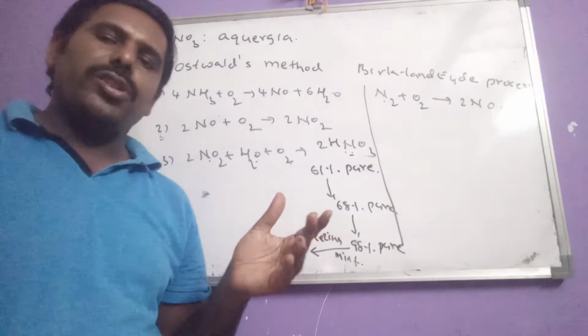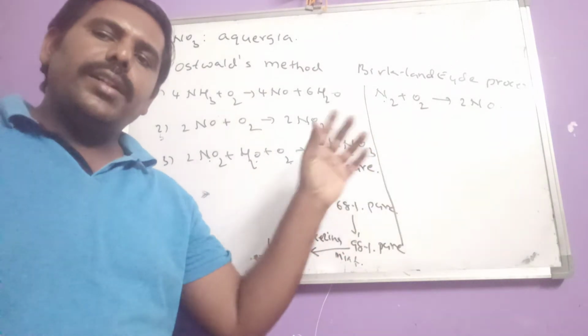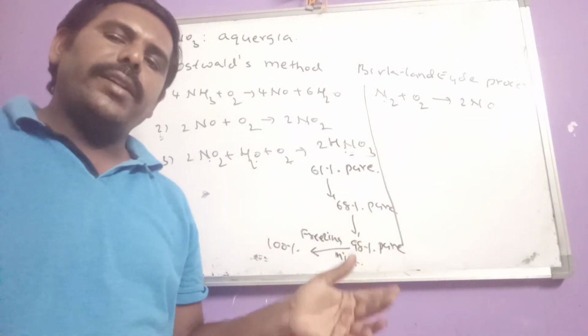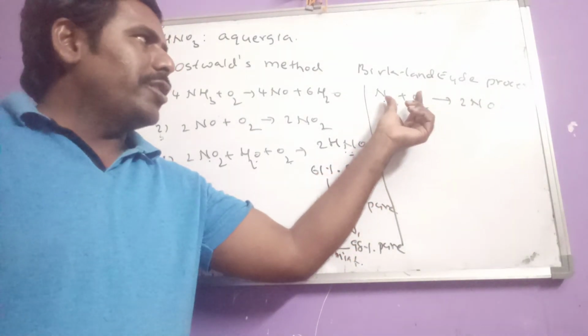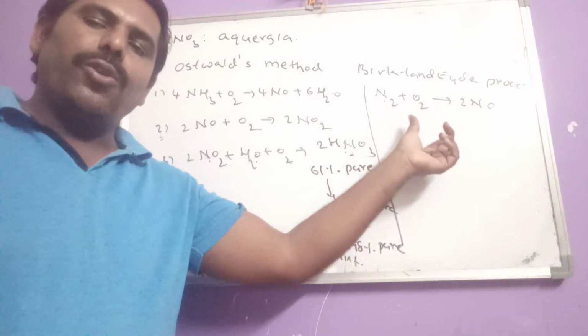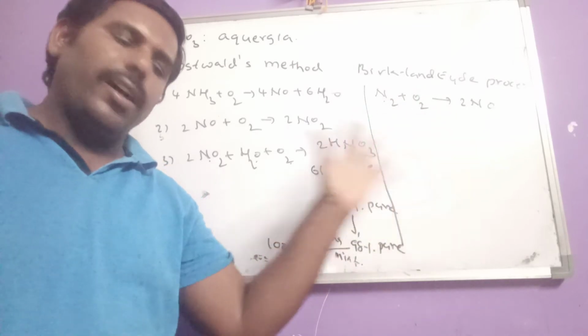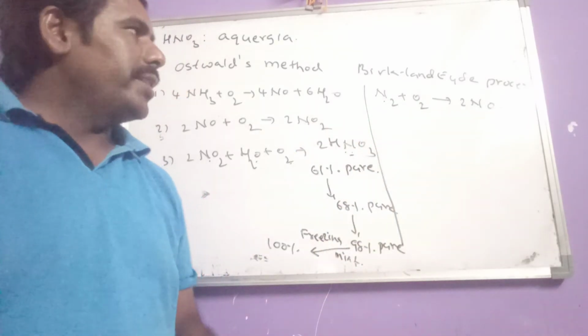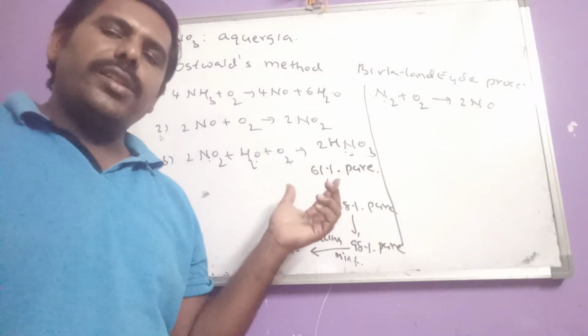And the same question, what are the starting ingredients for the preparation of nitric acid using Birkeland-Eyde process? Means N2 and O2, or sometimes air and oxygen also they give as options. So this is regarding preparation methods of HNO3.